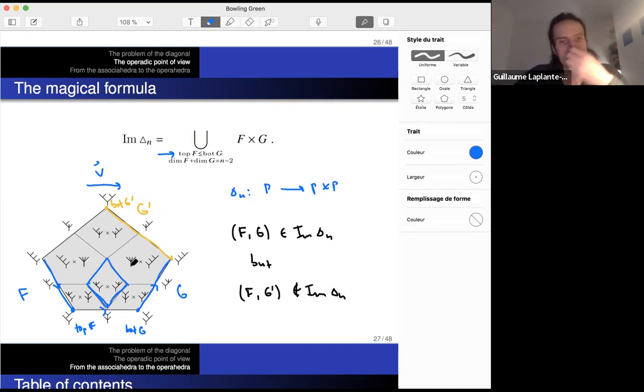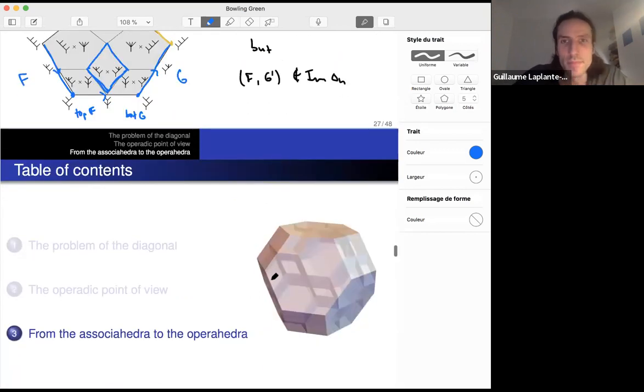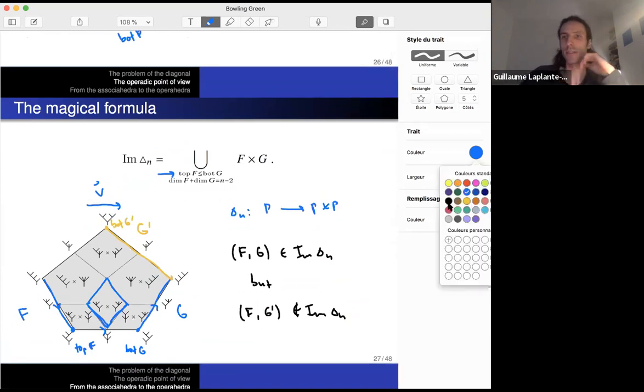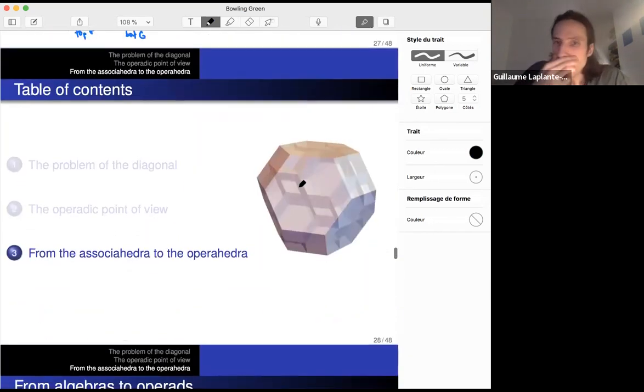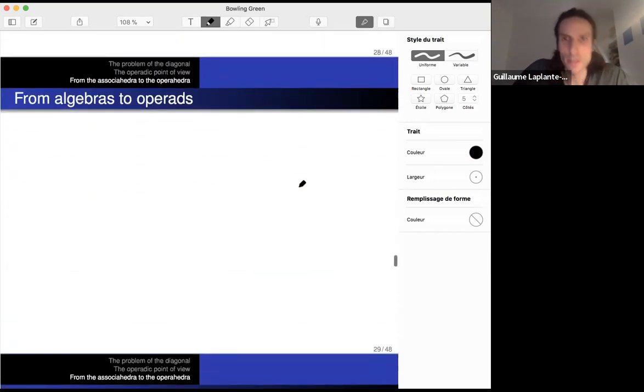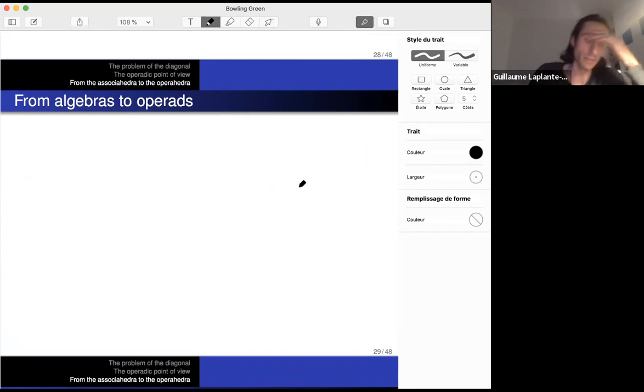And when you take all the pairs, you get all of these cells in the decomposition. It's quite elegant, isn't it? So this is the work of Masuda, Thomas, Tonks, and Vallette. And so now we come to my work, which was the following.